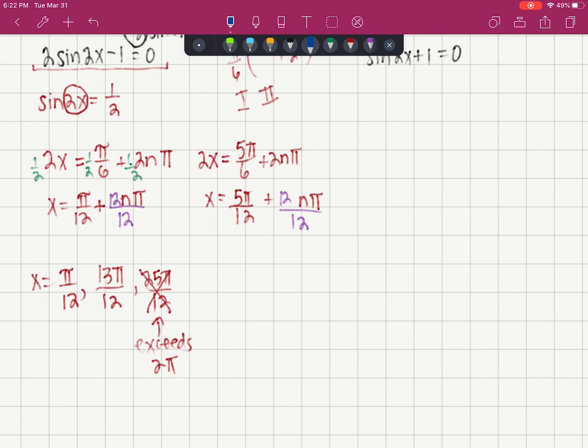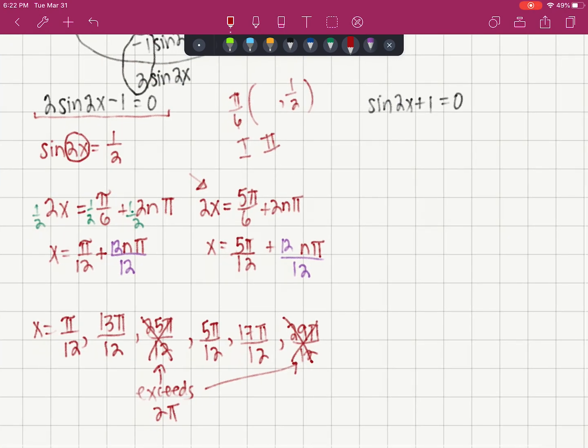Now we're going to do the same thing with this equation right here. I'm going to put a 0 in for n, and I get 5 pi over 12. Then I'm going to put a 1 in for n, and I get 17 pi over 12. And then if I put a 2 in, I'm going to get 24 plus 5 is 29 pi over 12, which exceeds 2 pi.